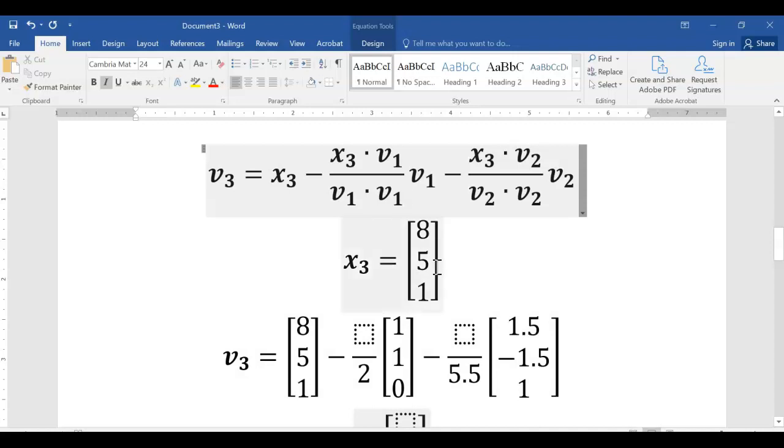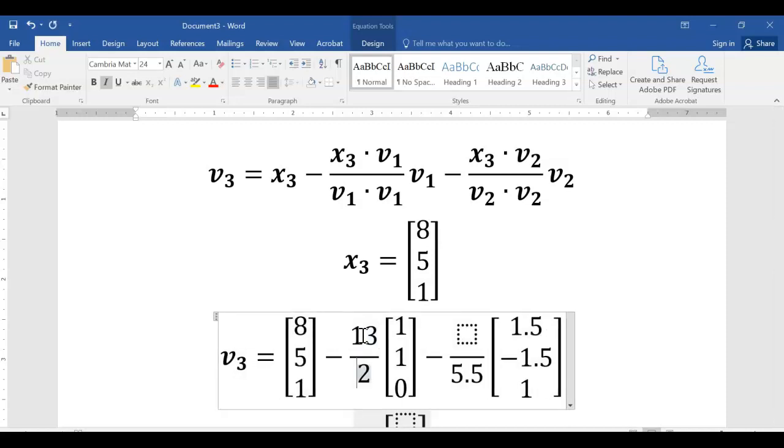So let's take 8, 5, 1 and project onto v1. When we project onto v1, 8 times 1 is 8. 5 times 1 is 5, so 8 plus 5 is 13. So you get 13 over 2.